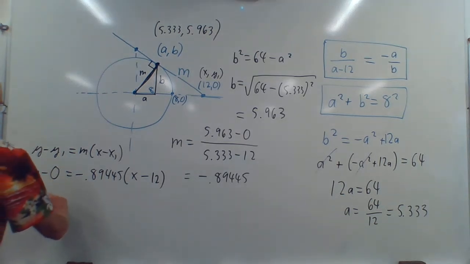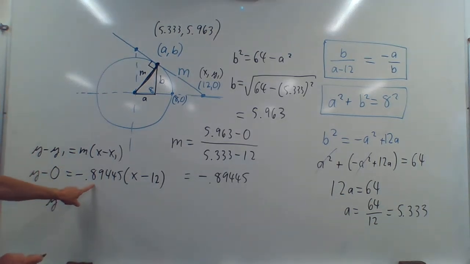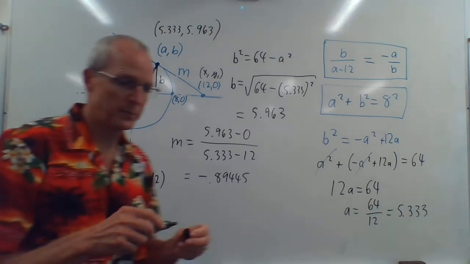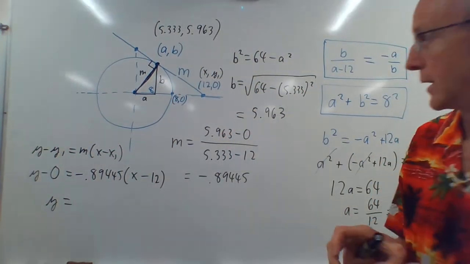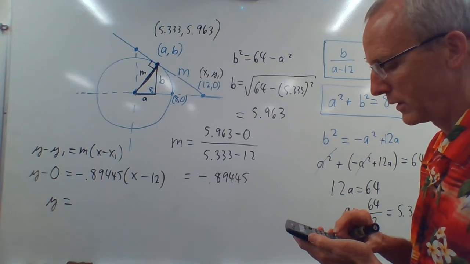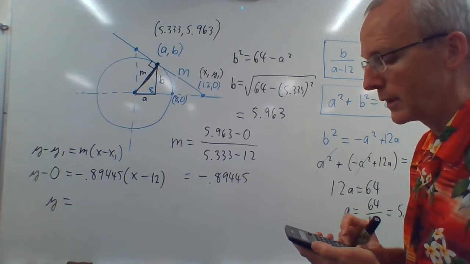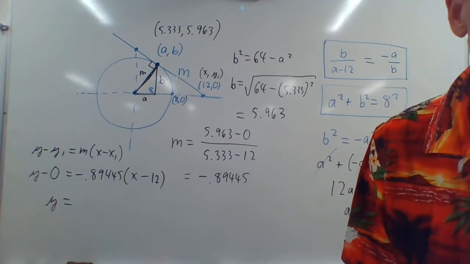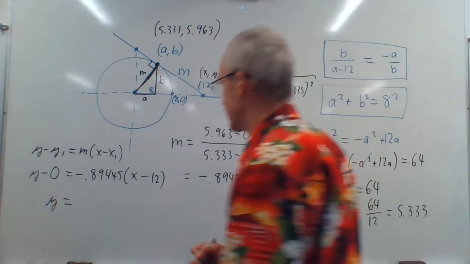Okay, this is easy. So y is equal to, now I just got to go that number times 12, and that's our b. So that number times 12 is 10.7333, 10.73 I'll say.